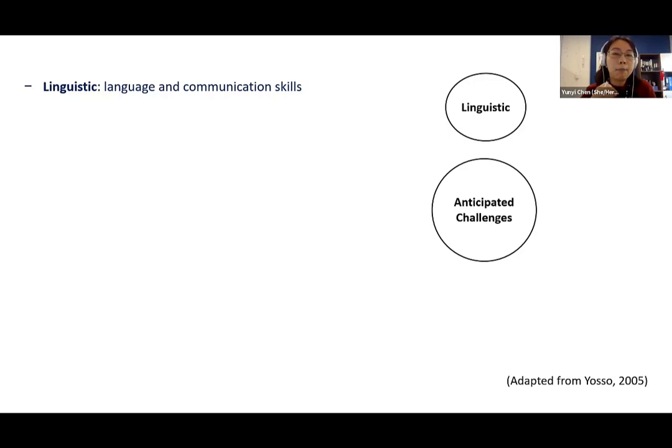If you have weaker basic interpersonal communication skills, it will be harder for you to develop cognitive academic language proficiency. So this also helps us understand why some international students who passed the language proficiency test still struggle in academic studies.